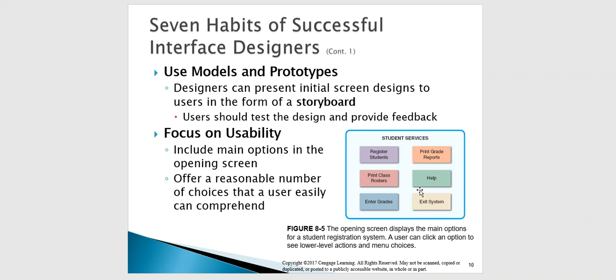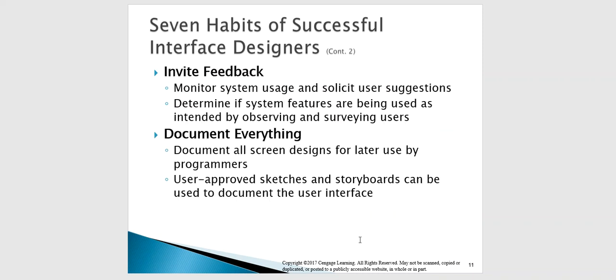Showing you some options when it comes to a student registration process or a student registration system. And every button in here, every command button leads to one window to the next. So if you can see, this is very straightforward. If you cannot find something, then definitely it doesn't satisfy the usability of that screen, right?